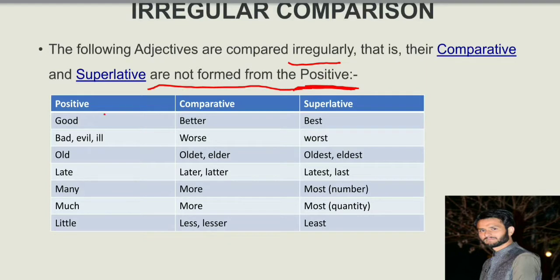Here we have the example good: the comparative of good is better, and the superlative is best. The same is the case with bad, evil, or ill.